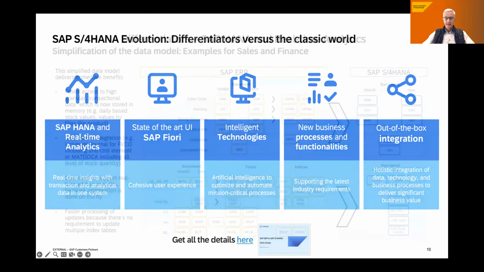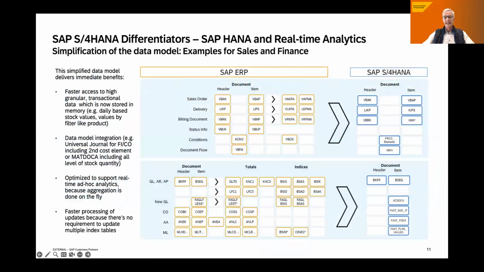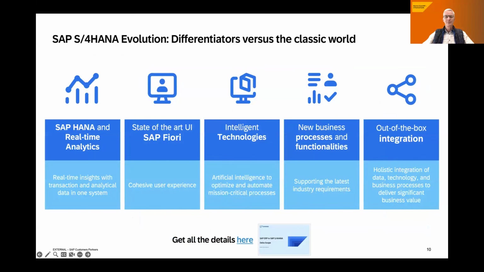At the bottom of the slide, you will find a link. Just go, thank you. And this link leads to the full version of the deck, of which I'm today presenting just a subset to you. It is a roughly 300-page deck, and it consists of, first of all, let's say an intro chapter, generically explaining the 5 differentiators, and then we are going LOB by LOB through SAP S/4HANA.